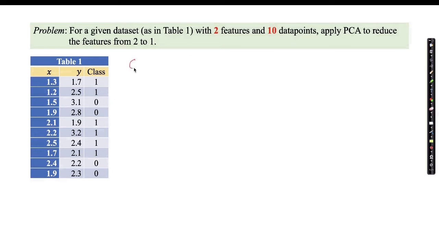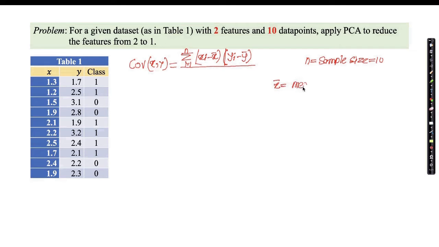The covariance of any two variables x and y is computed as the sum of all xi minus x bar multiplied by yi minus y bar, where i varies from 1 to n, where n is the sample size, 10 in our case, and x bar is the mean of all x values.